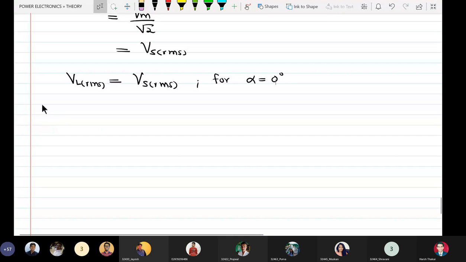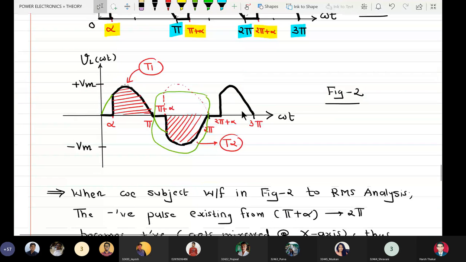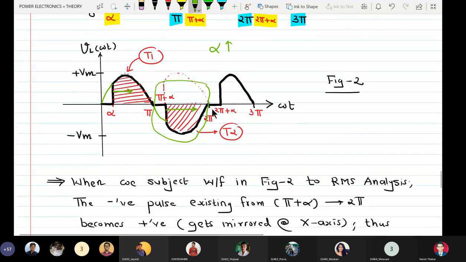Okay, and if alpha equal to pi, that means if we go on extending alpha in this direction, if alpha goes on increasing, then this particular thing will go towards pi and this will go towards 2 pi.